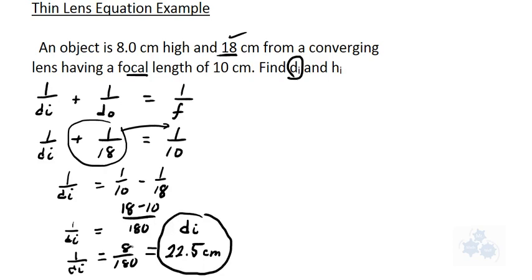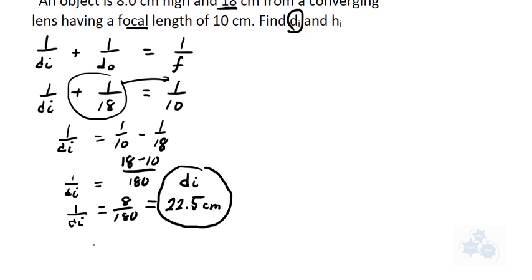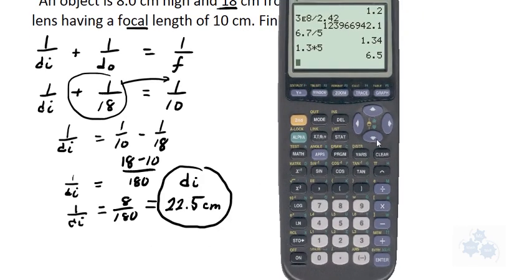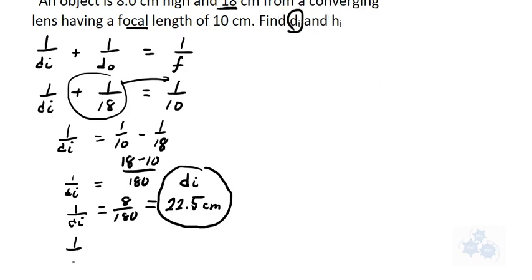This would be 1 over 22.5, or let me just show you that step actually. So 8 over 180. I'll get my calculator out here. 8 divided by 180 is 0.044 repeating. Now, if you get to this point, remember, take the reciprocal of both sides.